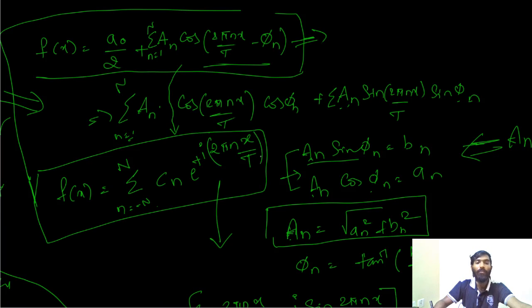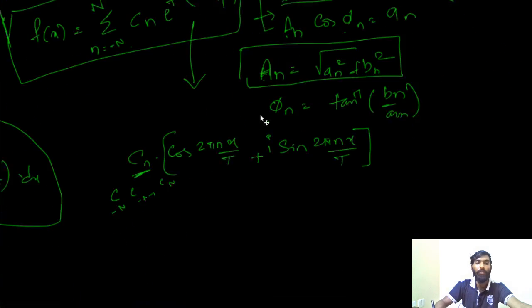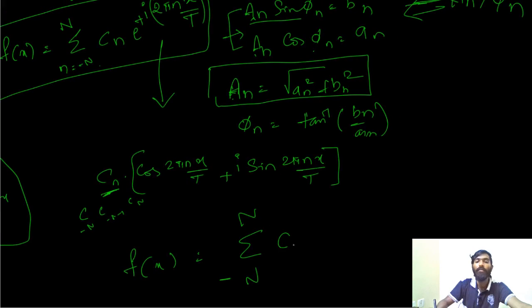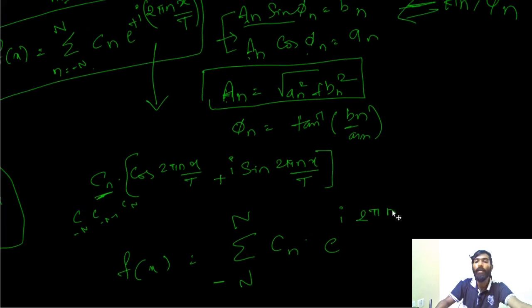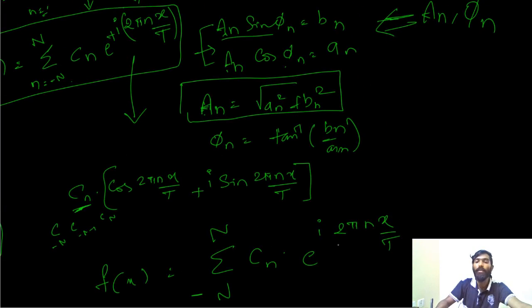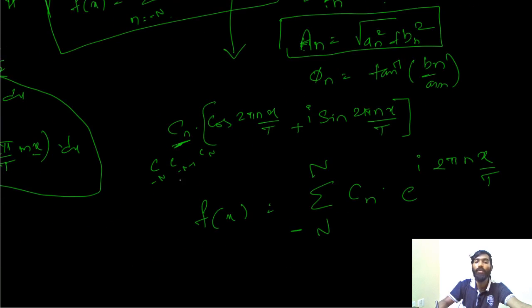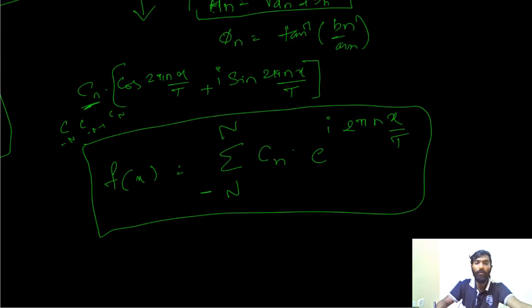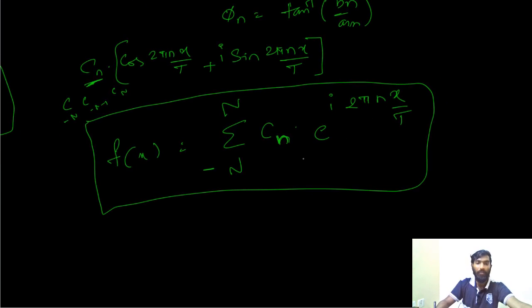Alright, so this f of x, which I am giving as the sum from minus N to capital N of cn into e power i 2 pi nx by T, is the actual Fourier series complex representation that everyone talks about. Alright, this is the Fourier series, the continual Fourier series, in terms of e power i theta.